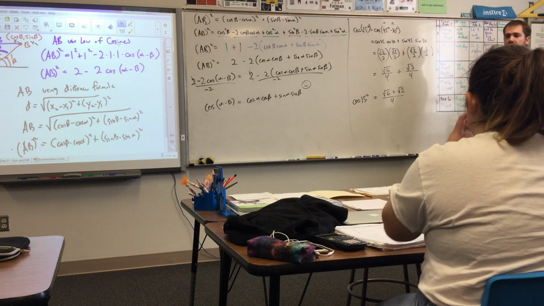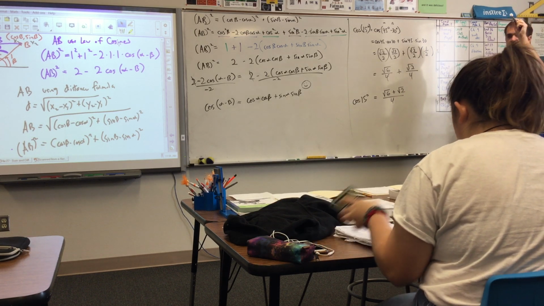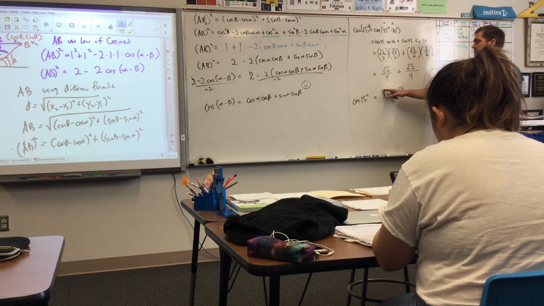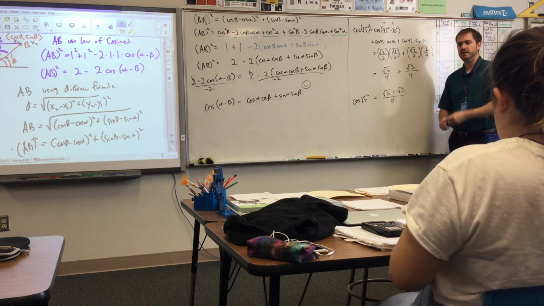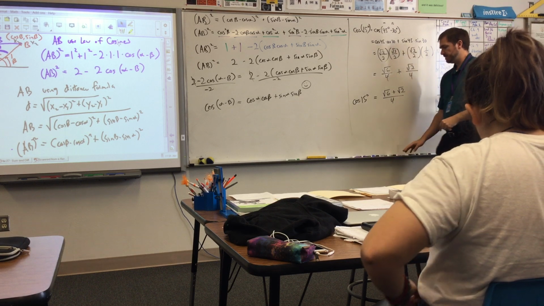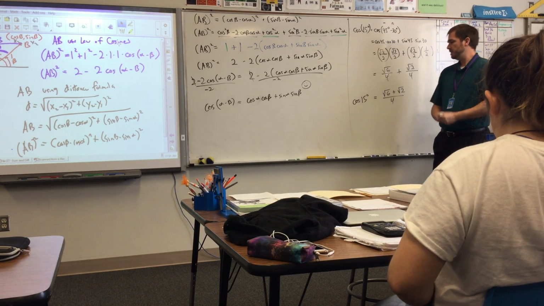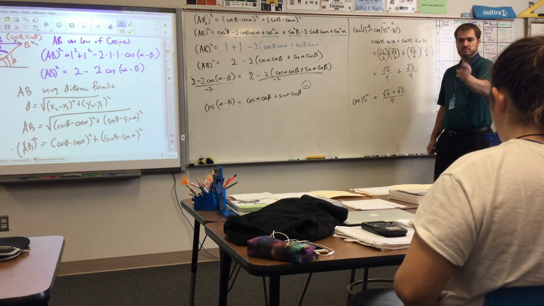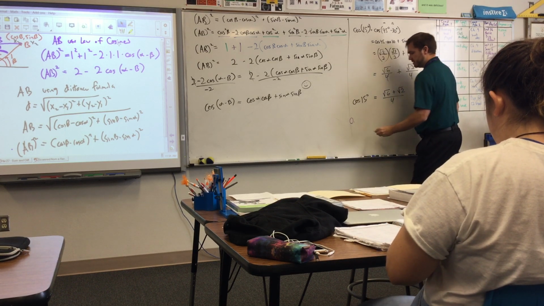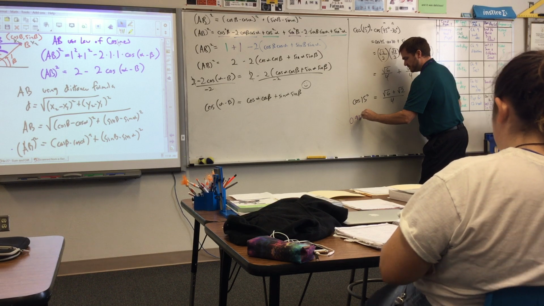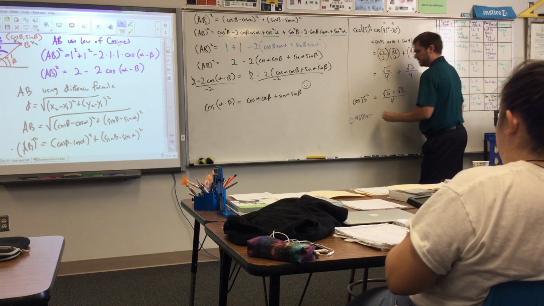Don't believe me? Check it out. Ladies, cosine 15, enter. Guys, square root of 6 plus the square root of 2, divided by 4, enter. Actually got an answer there for cosine 15, 0.9659258.